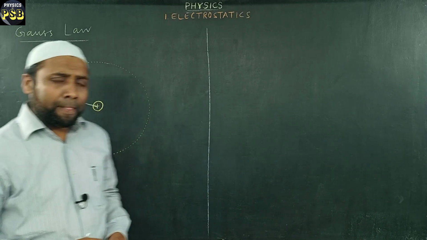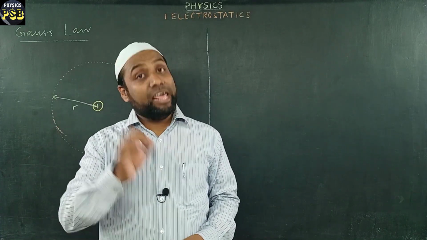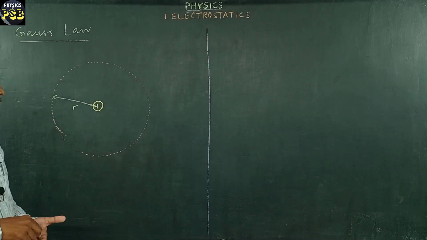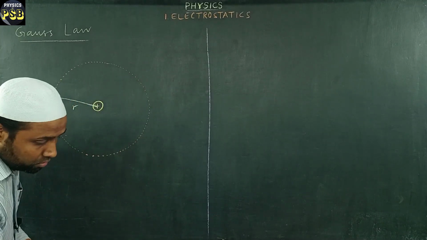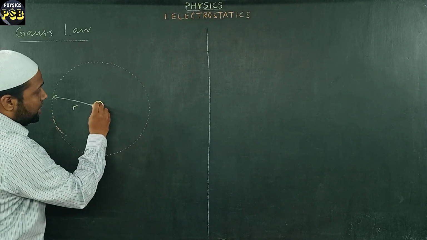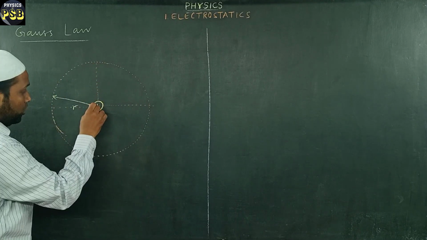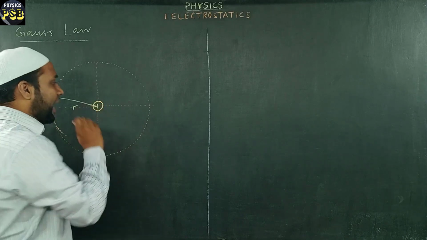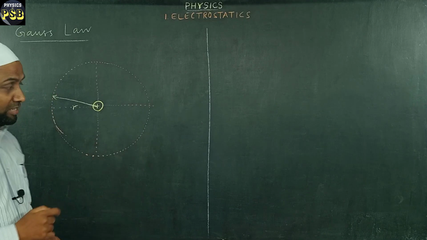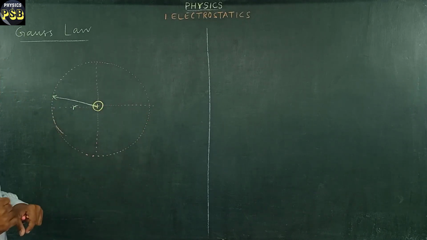We know very well where there is a charge, there will be an electric field around it. When I talk about the positive charge, it comprises electric field lines projecting outward. In this manner, I take one such electric field line which is acting outwards because we have a positive charge here.